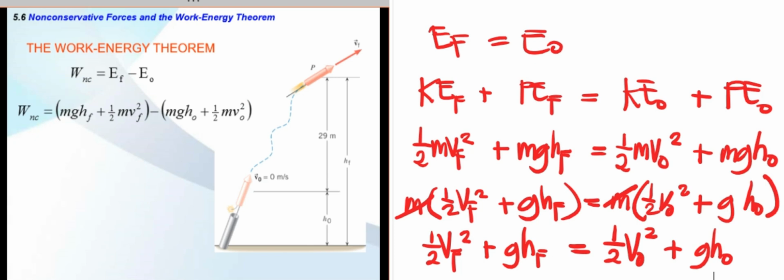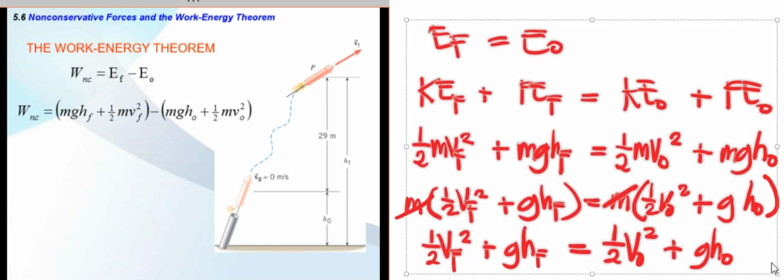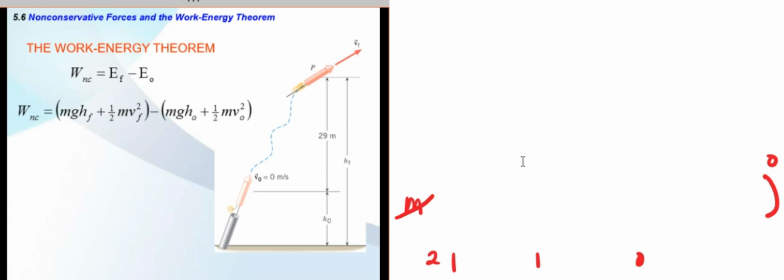Now, the work energy theorem. According to our discussion earlier, the work done by the non-conservative force is equal to your energy final minus energy initial, by rearranging the kinetic energies and the potential energies of the system.